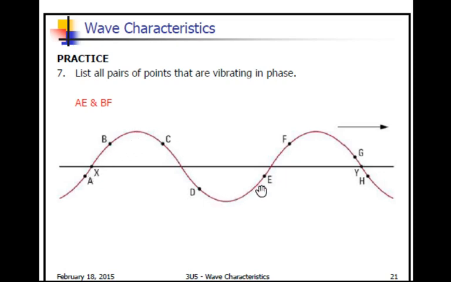The next point that is like that would be E. B is a little bit after that equilibrium point, and so it would match with F. C, we don't have another point that matches where C would be. And the same thing for D. The point for D should be over here, but we don't see that.